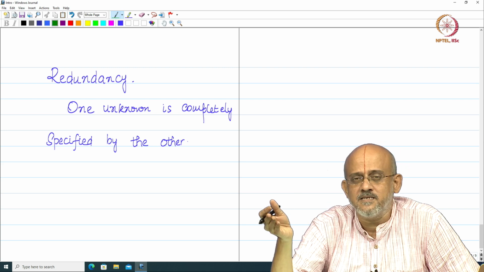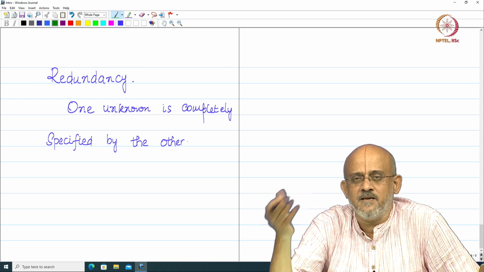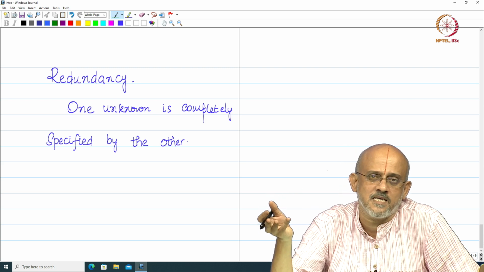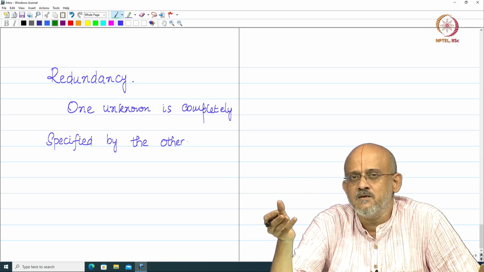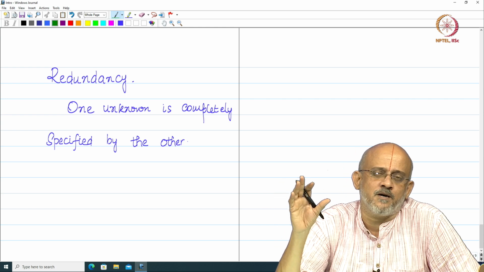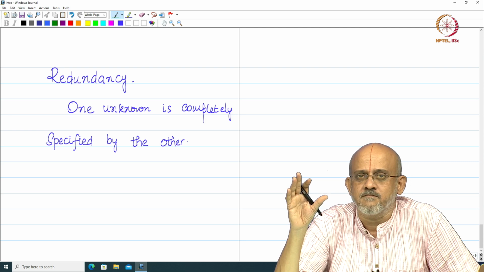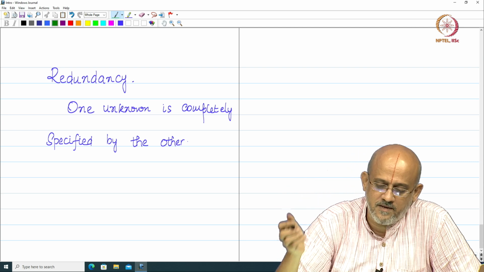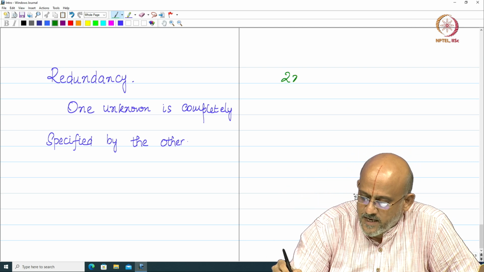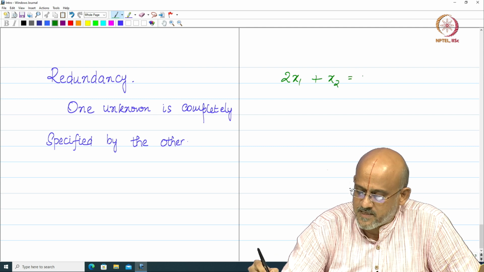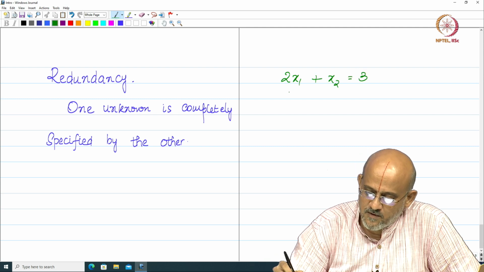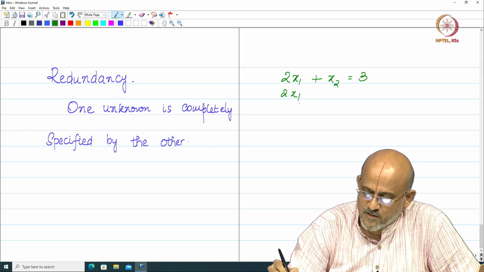How did that inconsistency manifest? We just saw that the inconsistency arose because we could have a possible measurement error. How did we get to that? We said that I have 2x1 plus x2 is equal to 3. This was the third example from your previous class. 2x1 plus x2 is equal to 3, and we had 2x1 plus x2 is equal to 8.